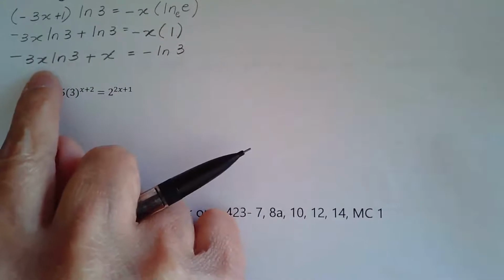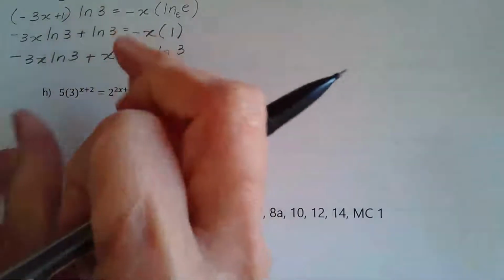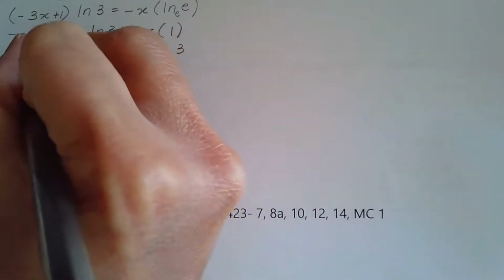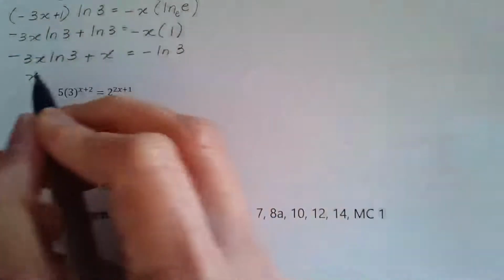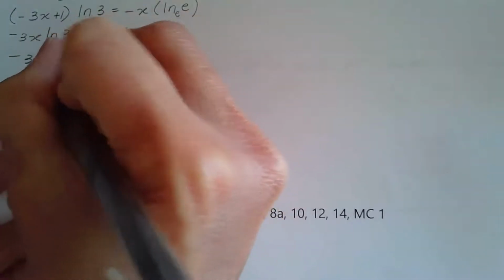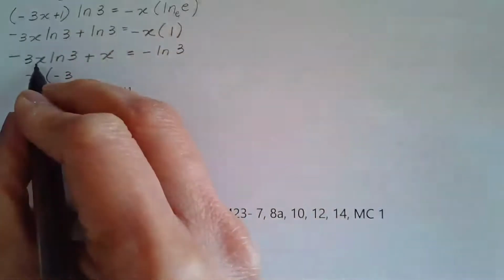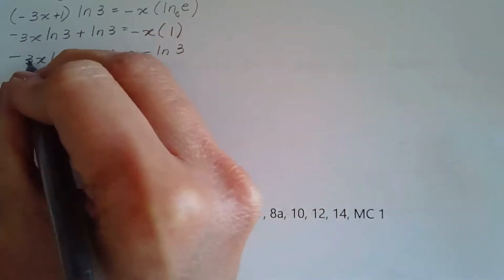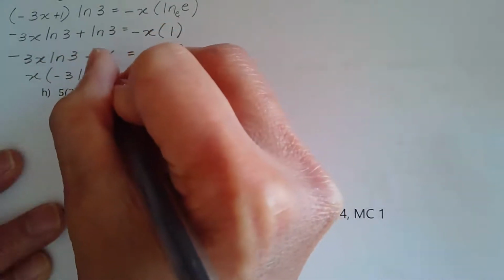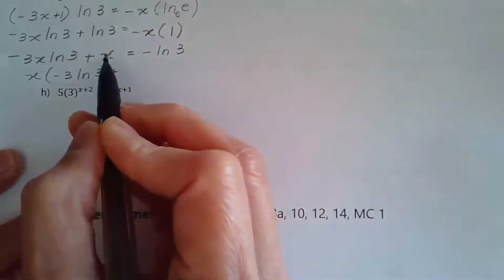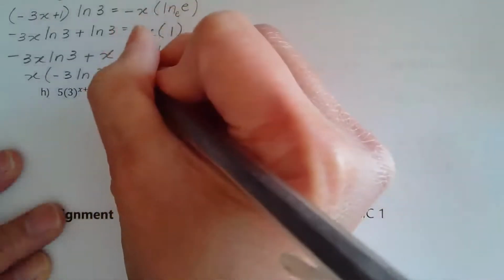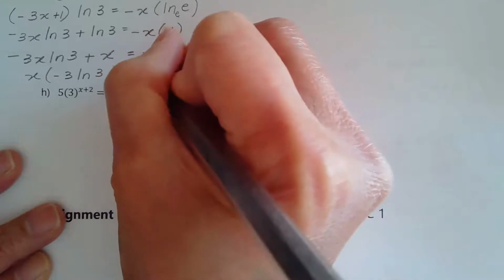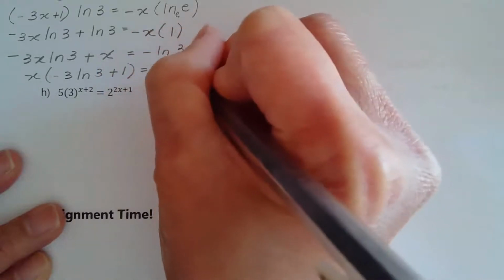We have x on these two terms, so we're going to factor the x out. Once we factor out the x, we get negative 3 natural log of 3 plus, if you factor out x from x, you just get 1. So let's not forget the 1 there.